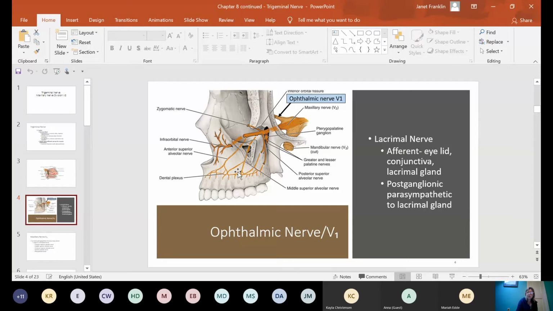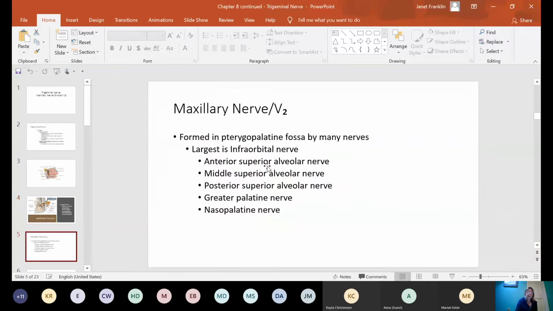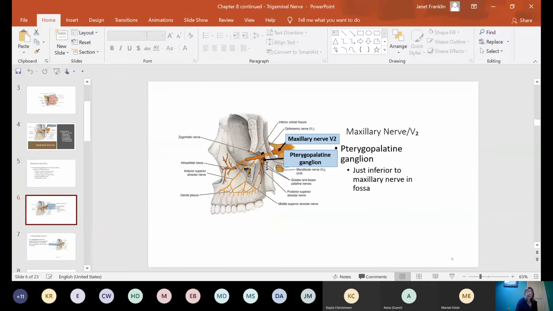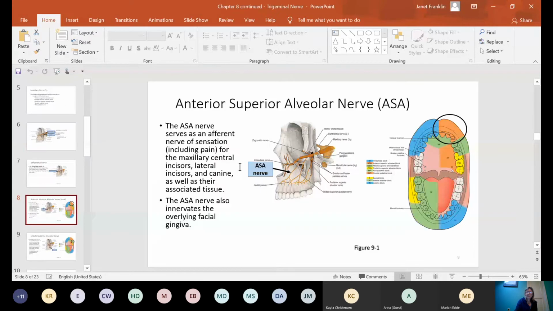And then you've got your greater palatine and lesser palatine nerves right here that are going through the greater palatine foramen and the lesser palatine foramen. So they're going out onto the palate. There's another picture of that pterygopalatine ganglion right here. And this one I highlighted the maxillary division and pointed to all the nerves on that.